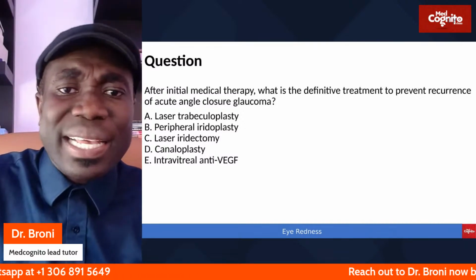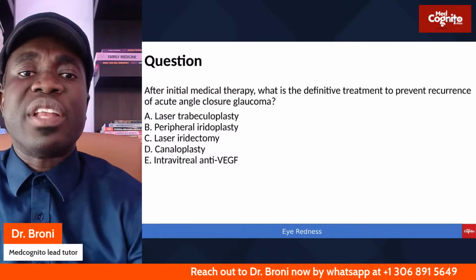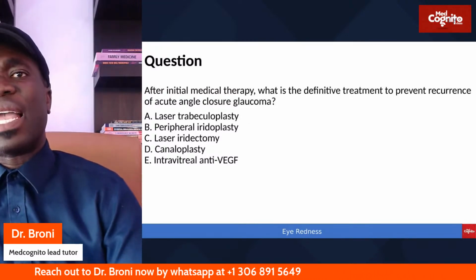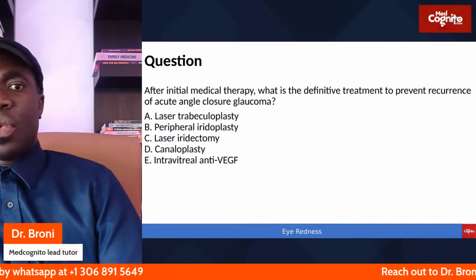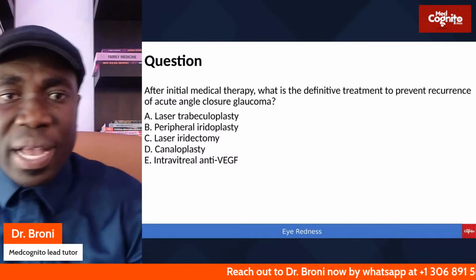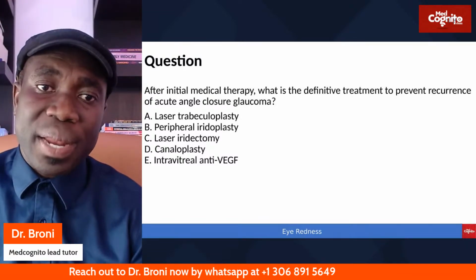After initial medical therapy, what is the definitive treatment to prevent recurrence of acute angle closure glaucoma? A, laser trabeculoplasty.